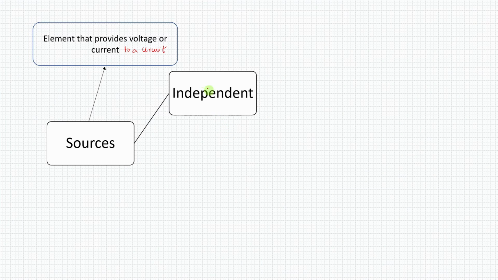So what is an independent source? Now, basically the independent source is an element in which the voltage and current of the circuit element are independent of each other.